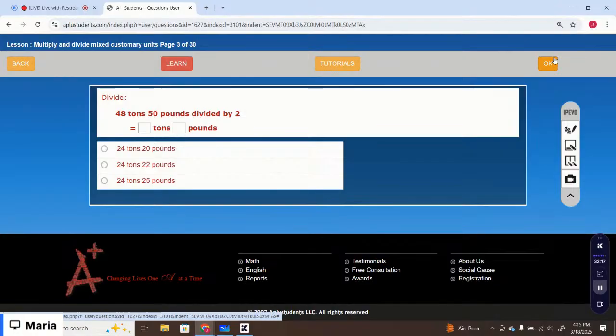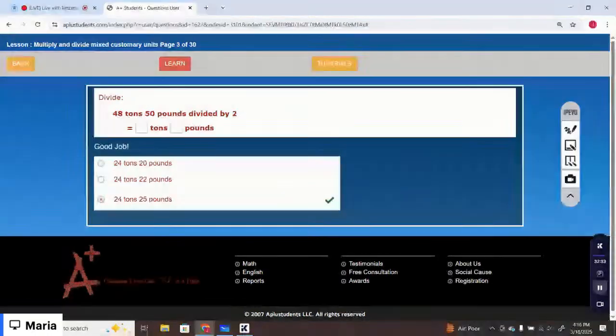You have to divide both the values by 2, right? So divide 48 by 2. That is 24 tons and 25 pounds, because 50 divided by 2 is 25. So that is 24 tons and 25 pounds. Option number 3 is the correct option.